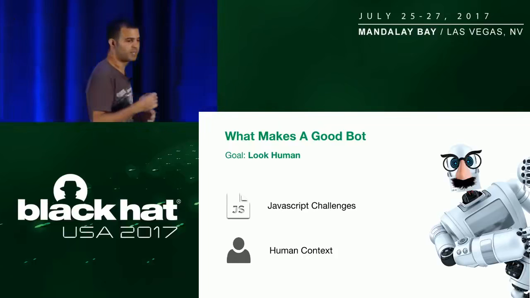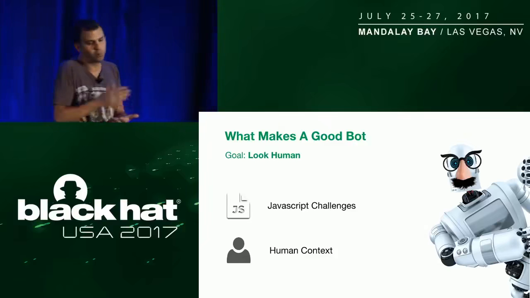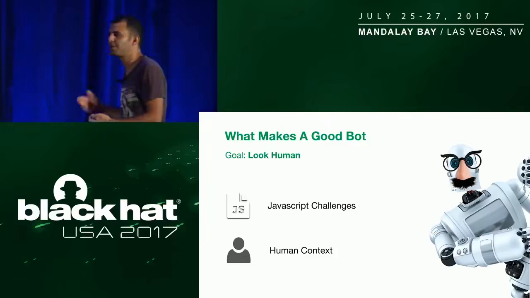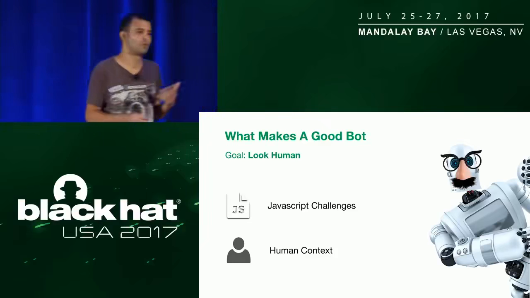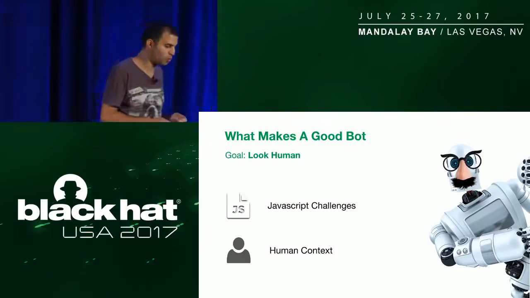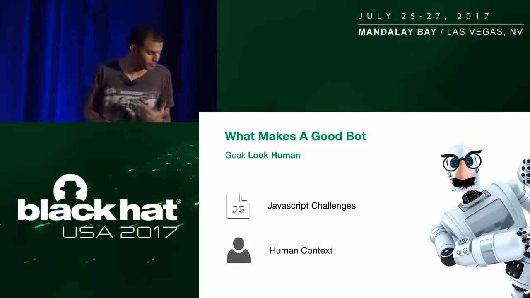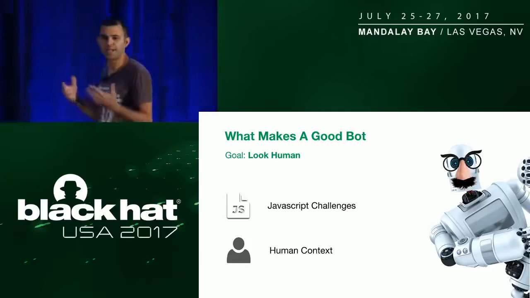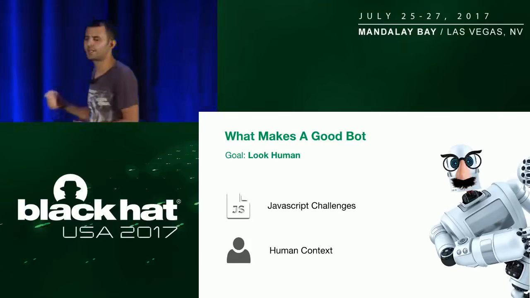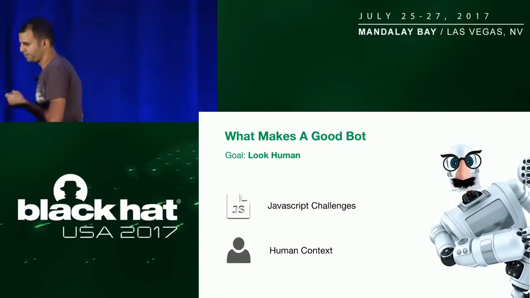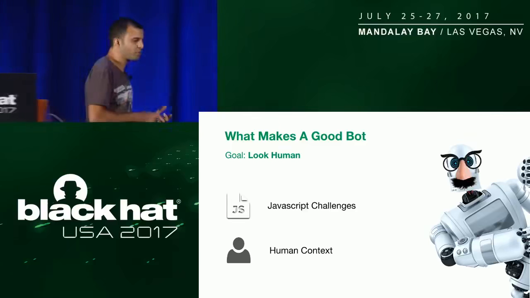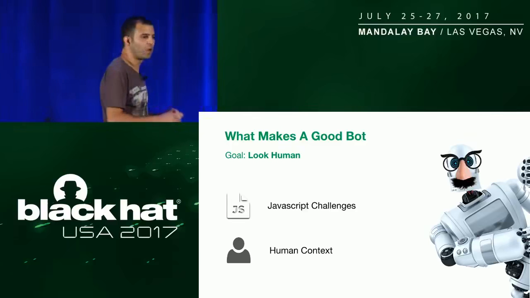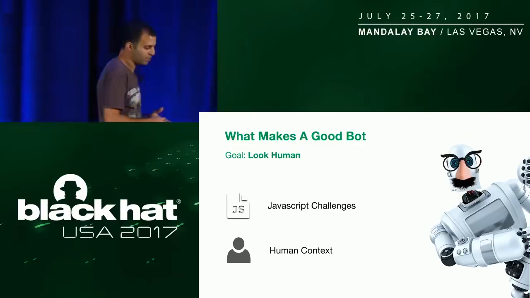As we saw in Wix, there's a flow of events that should happen when a user is, for instance, signing up to a website. First, he has to go through the sign-up form, and only then can he send the sign-up request. So this bot needs to somehow get into the context of a real user.